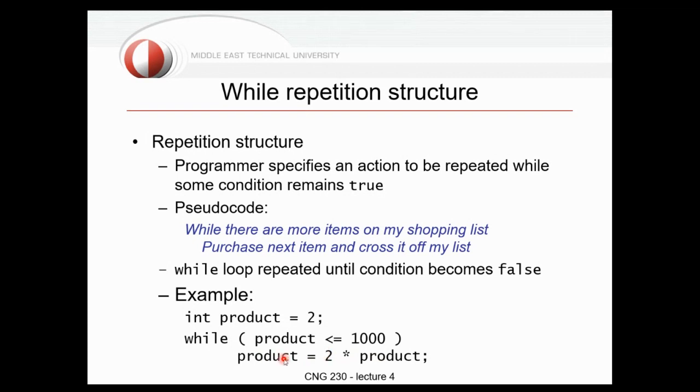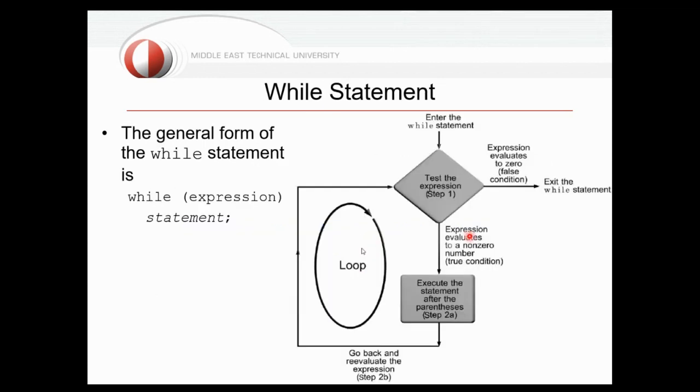Now the value of product is 4. So we check whether 4 is less than 1,000 or not. So you see the value of product is increasing, and at a certain point, finally, we get a value which is more than 1,000. And that's the time we finally get out of the loop.